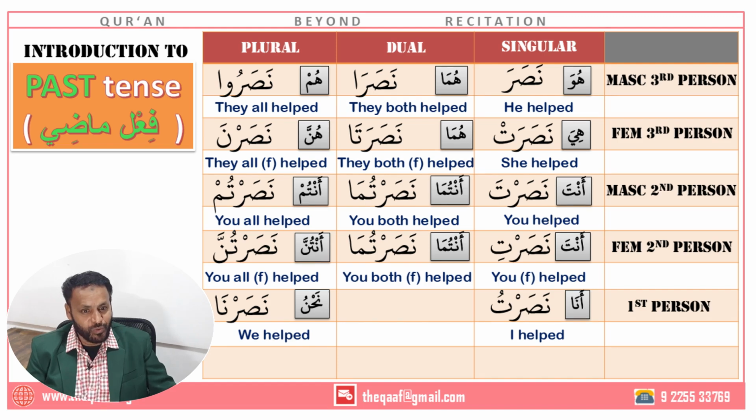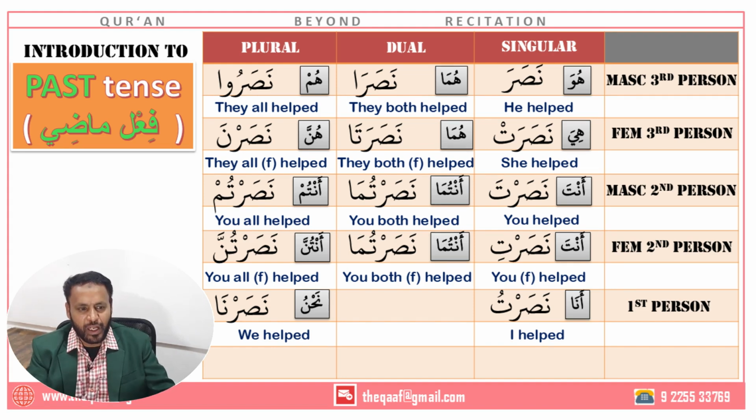Okay. Do the same for the next word. What was the pronoun at this location? Fuse it with Nasar. Oh, the pronoun was Antuma. So just take Tuma and Nasar. What do you get? Nasartuma. Okay. What's the next? Nasartum. Antum. Nasartum. Next, Nasarti, Anti. Nasartuma. Oh, what was the next?